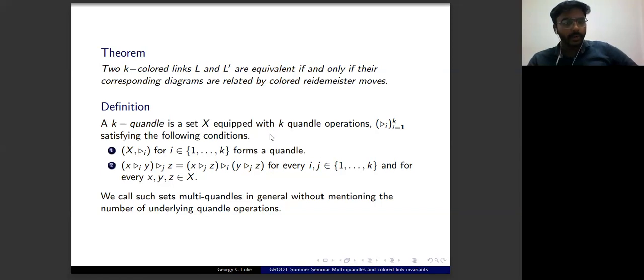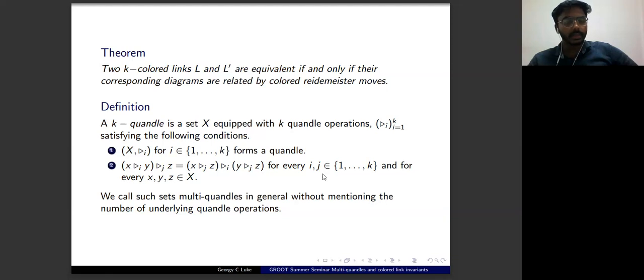So going to the definition of k-quandle. This is how I define a k-quandle. It's a set equipped with k quandle operations, say ◁_i with i running from 1 to k, such that (X, ◁_i) forms a quandle for each i, and then the right distributivity should hold: (x ◁_i y) ◁_j z should be (x ◁_j z) ◁_i (y ◁_j z), for any i, j belonging to the set of the first k natural numbers, and for every x, y, z.